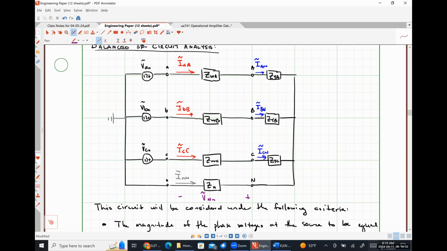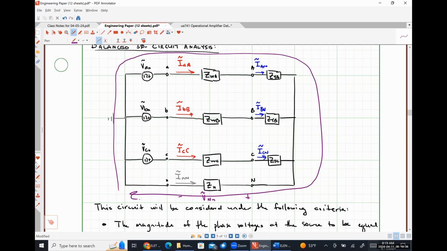So if I were to write a Kirchhoff's voltage law expression around this path, what I would find is that the voltage drop across the impedance ZWA in series with ZYA is nothing more than the voltage VAN, my source voltage, minus that voltage drop across my neutral conductor.